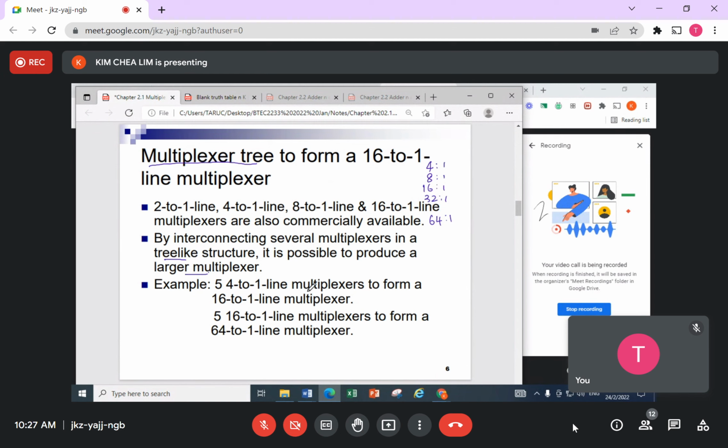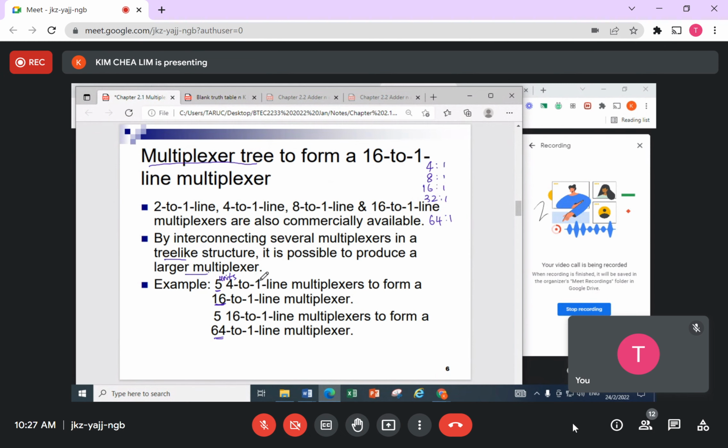So for example, 5 units of 4:1 can build you a 16:1. 5 16:1 can then form you a 64:1. So if you want to build 64, you make use of this concept. Replace the 4:1 multiplexer with a 16:1 multiplexer.